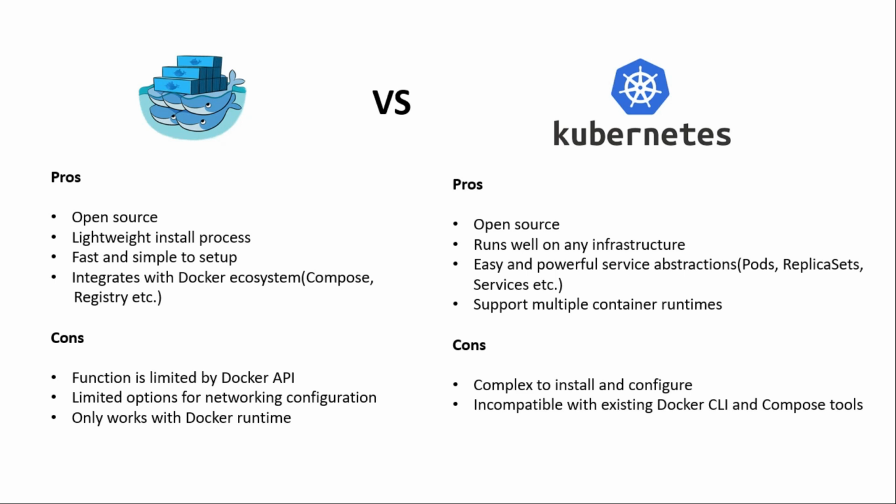Cons: it is complex to install and configure. Yes, it is somewhat complex to install and configure, but it is very powerful. I have used it. It is also incompatible with the existing Docker CLI and Compose tool. So these are the pros and cons of Docker Swarm and Kubernetes.